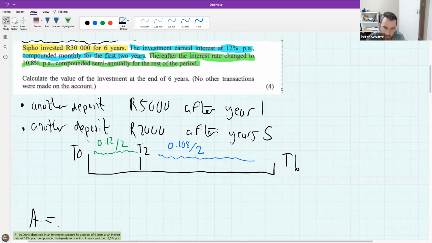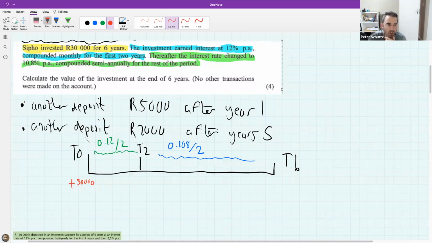Right. So I think that our basic timeline should look like this. I have two interest rates. I have the green and the blue one, and hopefully I've transferred the information correctly. Now, the thing that I pointed out earlier is that I know that I'm going to have 30,000 at the beginning. That amount is going to have to grow through the green and the blue.